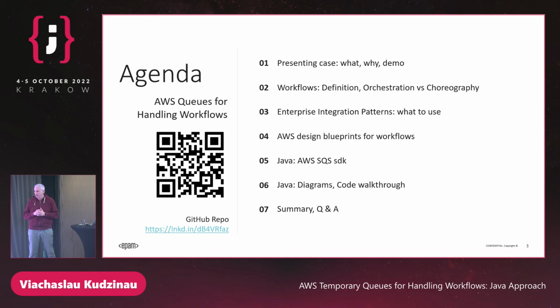And then there will be a code review, if you will. We will have a live code walkthrough with diagrams, with reasoning behind organizing our code, and how our logical concepts, our abstractions, map to our code constructs. And then summary and questions and answers.